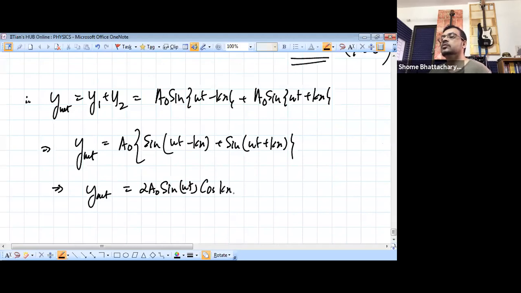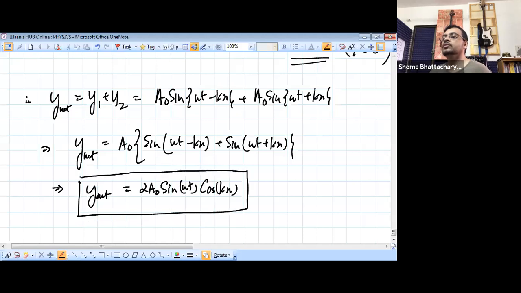So cos minus kx is the same thing as cos kx, which is this. So this becomes the equation of the resulting standing wave, or stationary wave equation.